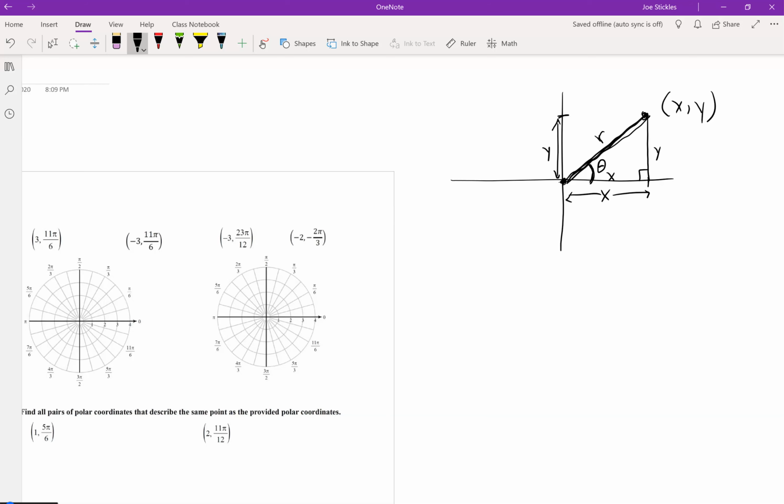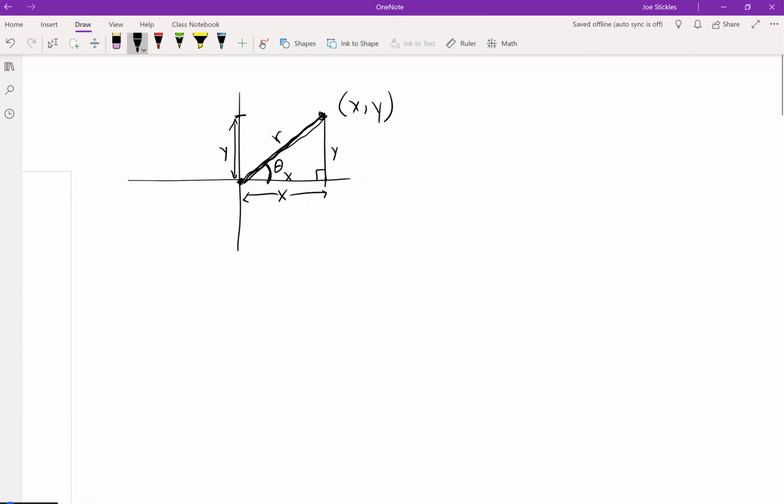So let's draw that on a separate picture so I don't have so many lines going on. Now in polar coordinates, we really only need the positive x-axis. We don't need the whole thing. We refer to this as the polar axis. And just for argument's sake, for right now, think of this as your positive x-axis.